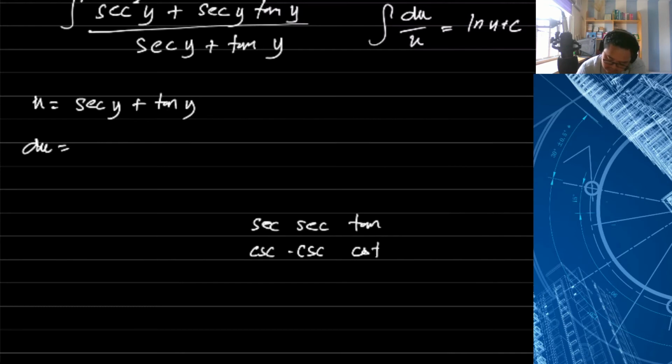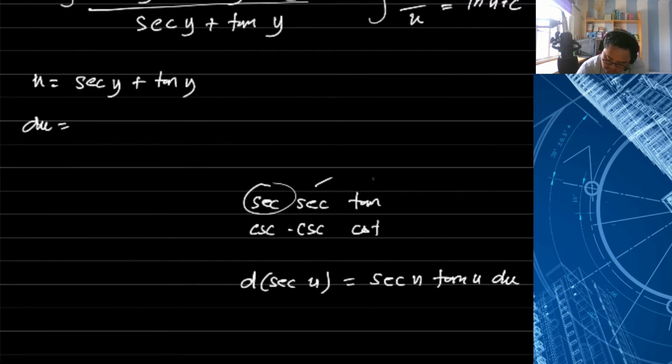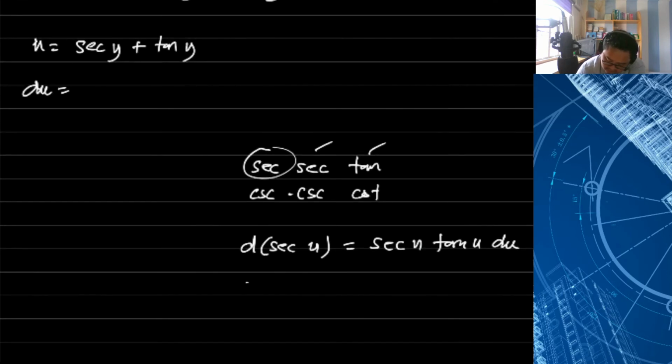Now, in differential calculus, the differential of sec u becomes sec u tan u du. For the second part, the differential of cosecant u equals negative cosecant u cotangent u du.